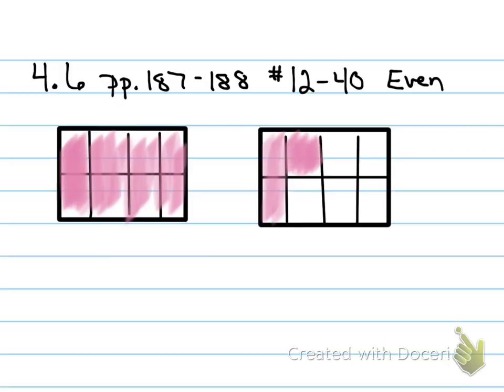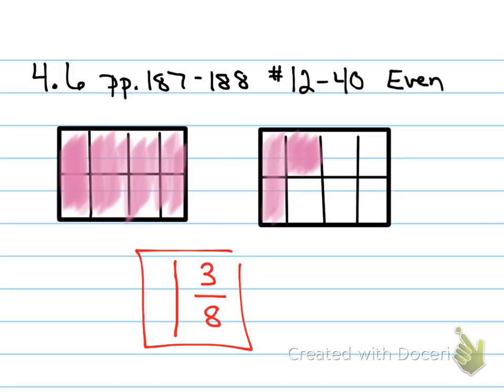I want you to write a fraction that would represent these figures. Write a fraction or a mixed number that would represent these two figures. All right, so what's my fraction going to be? Everybody together. 1 and 3/8. All right, if you understand that, that's everything you need to know for 4.6.